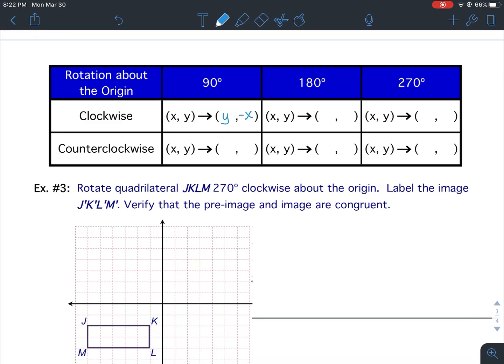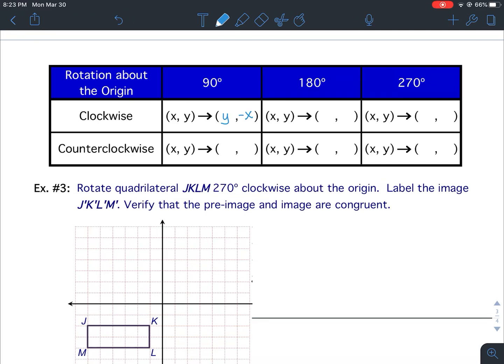If you rotate something 180 degrees, if you would have done the last problem, part C on the reflections worksheet, what we did was we reflected a figure over the y-axis, and then we reflected that new figure over the x-axis. And what you ended up getting was actually a 180 degree rotation.